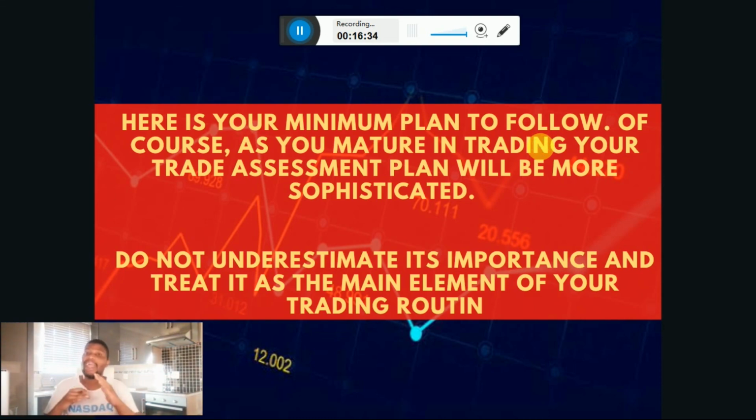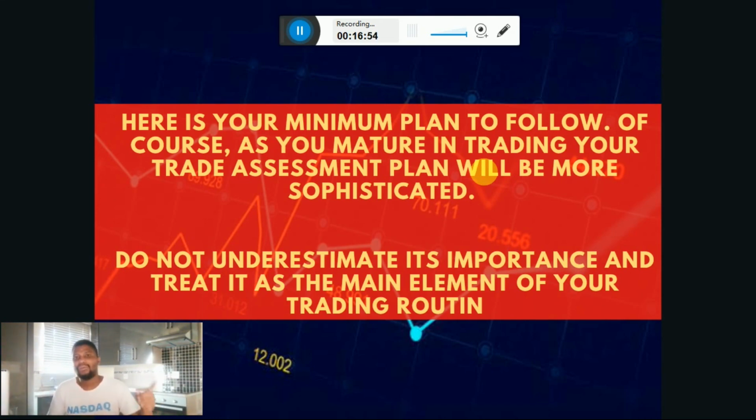So this is just a guideline, as I said earlier, of some of the steps that a person could try to follow before they enter a trade, and then monitor their trade, and then follow these other 4 steps after they have placed their position.